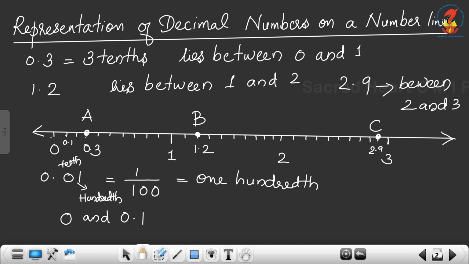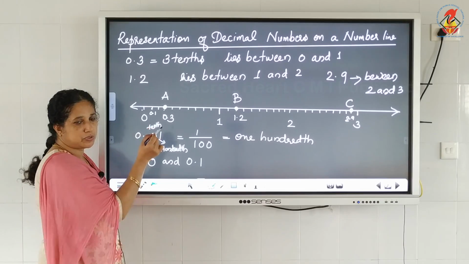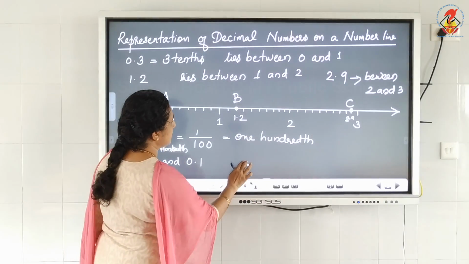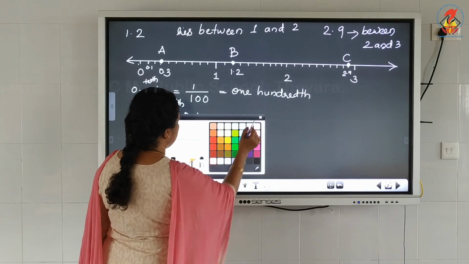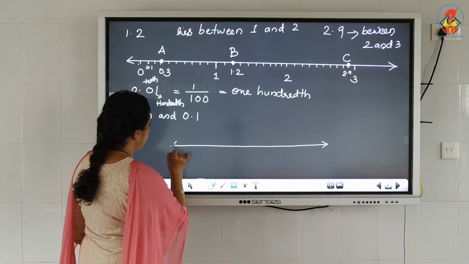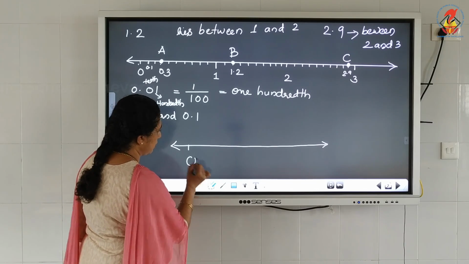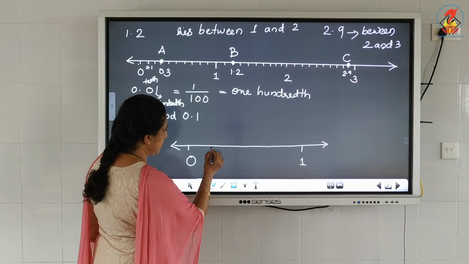After 0 we have 0.01, then 0.02, 0.03, like that it will go. When you draw the number line, we can mark 0 and the number 1 and divide it into 10 equal parts.